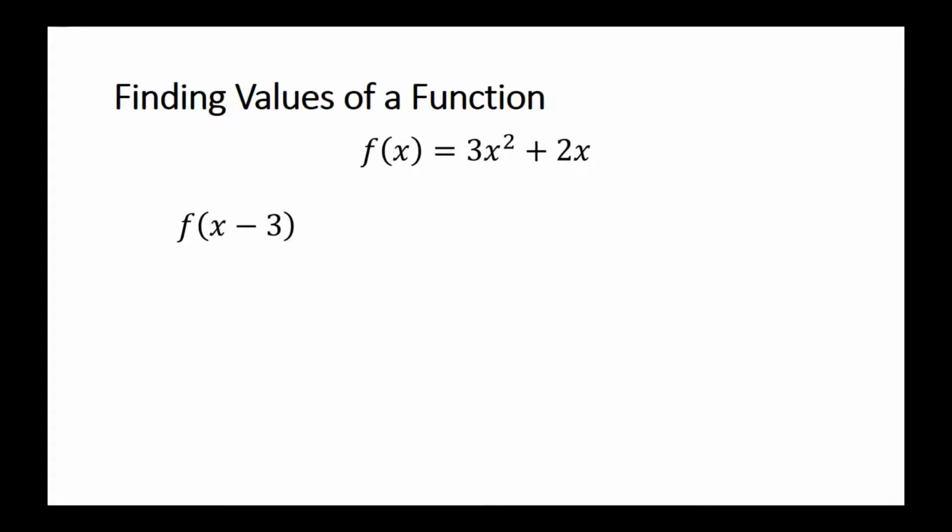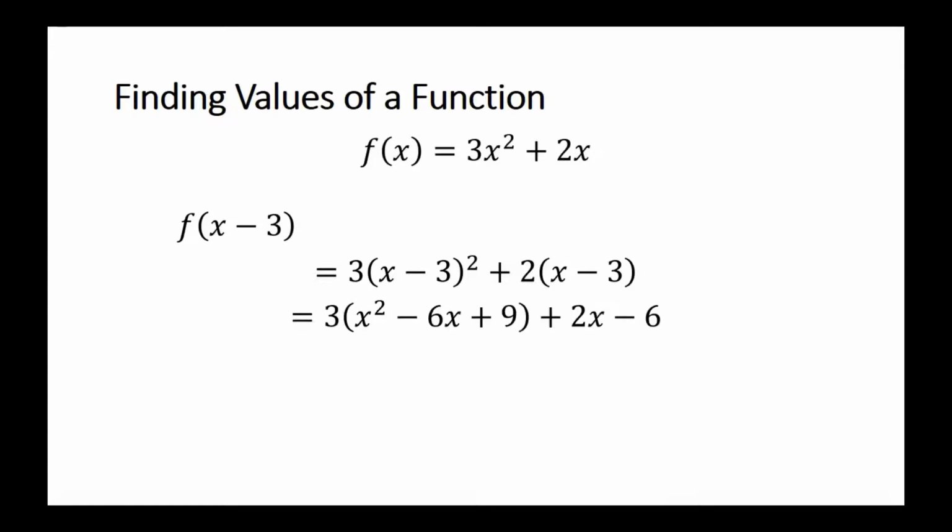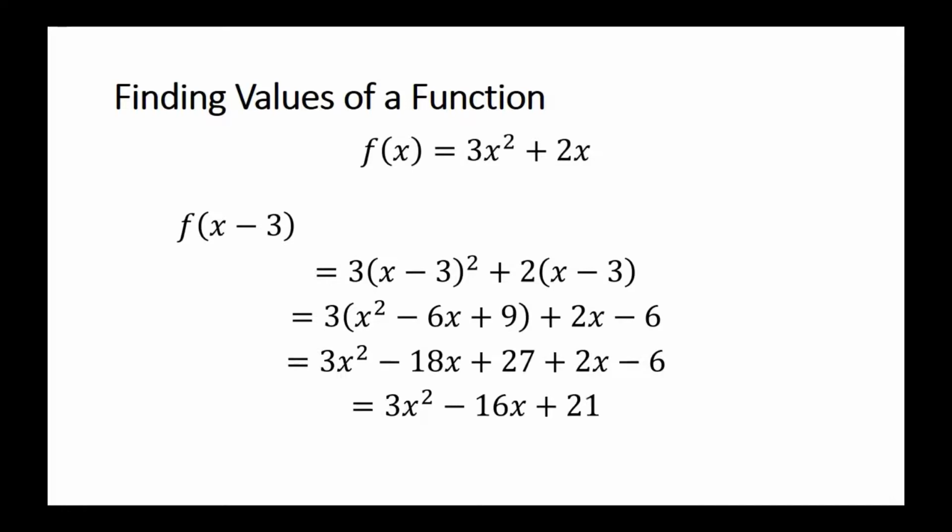Still the same thing. I'm going to substitute x minus 3 anywhere there's an x in the function. So I have 3 times (x minus 3) squared plus 2 times (x minus 3). And then I'm going to multiply and simplify this and go through the processes until I come out with 3x squared minus 16x plus 21.